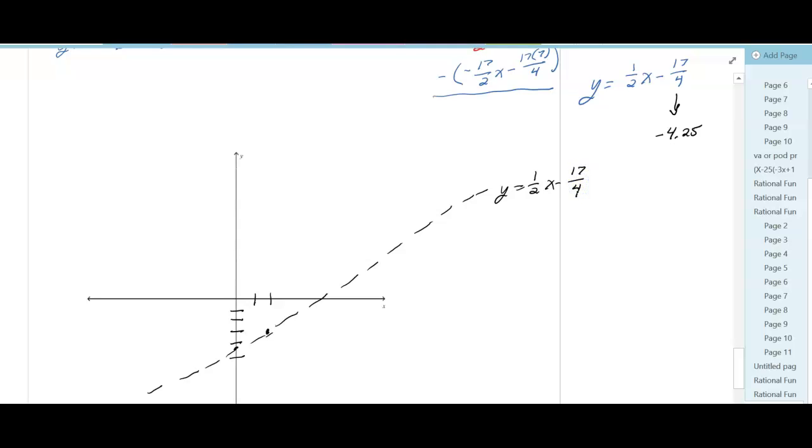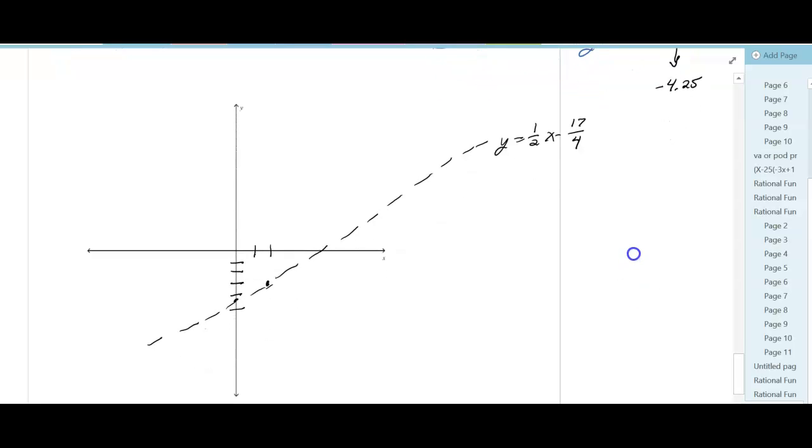We said that there was a vertical asymptote at x equals -7 over 2. So -7 divided by 2 is -3.5. So here's the vertical asymptote, x equals -7 over 2.